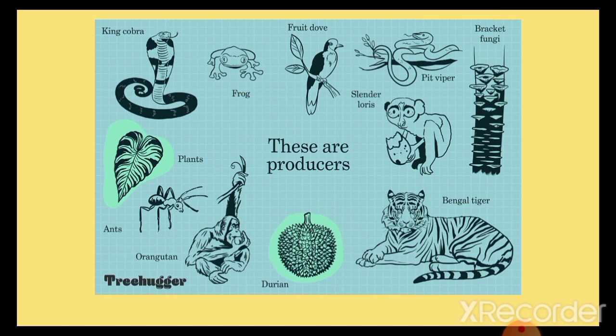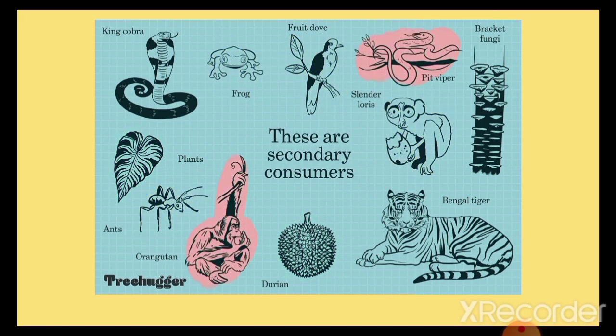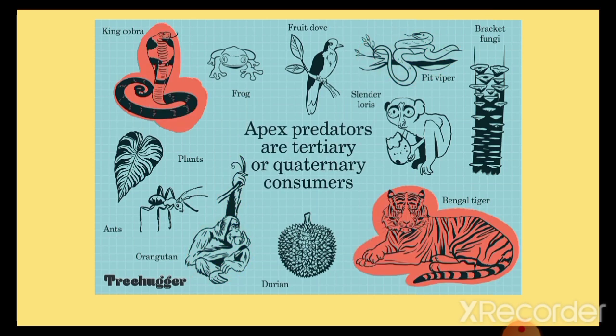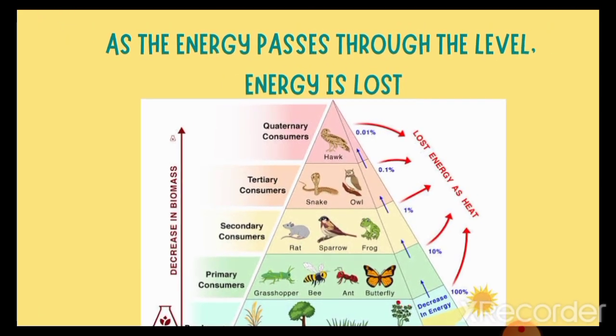So the food chain starts with the producers, followed by the primary consumer, the secondary consumer, the tertiary consumer and finally ending at the decomposer, which is another group. Also, we should know that energy is usually lost as you move from one level to another. Watch the following video for more knowledge.